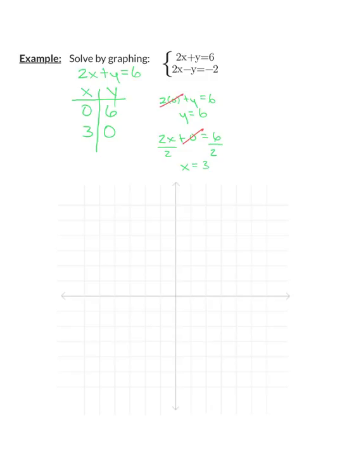If we graph 0, 6, we want to go up 6. 1, 2, 3, 4, 5, 6. It's going to be right here at the top of my graph. And 3, 0 is going to be 3 to the right. 1, 2, 3.